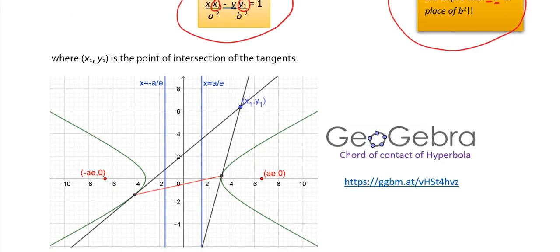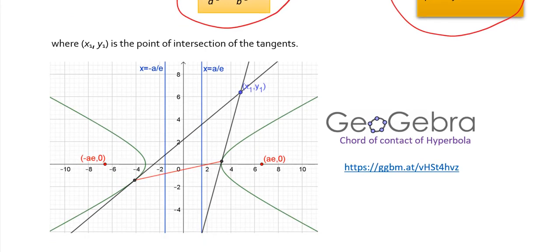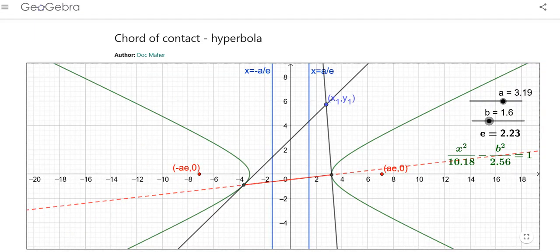Now, we might just have a look at the chord of contact on GeoGebra. Before we actually worry about the chord of contact, we might revisit one of the earlier properties of the hyperbola, where we looked at the value of a and b.